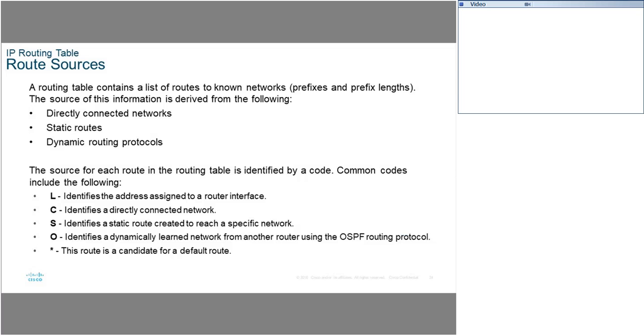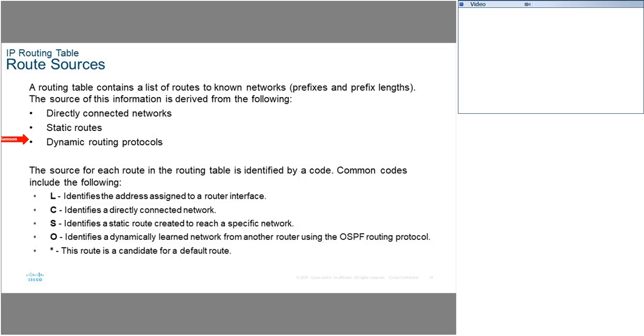Actually, that's the three that it would find. They're outlined here: directly connected, static, or dynamic. But I could have multiple dynamic. I could have RIP and OSPF and EIGRP all running at the same time on the same router, and learning about the ways to get to different destination networks. Frankly, there would be very little cause for this, but you could do it.